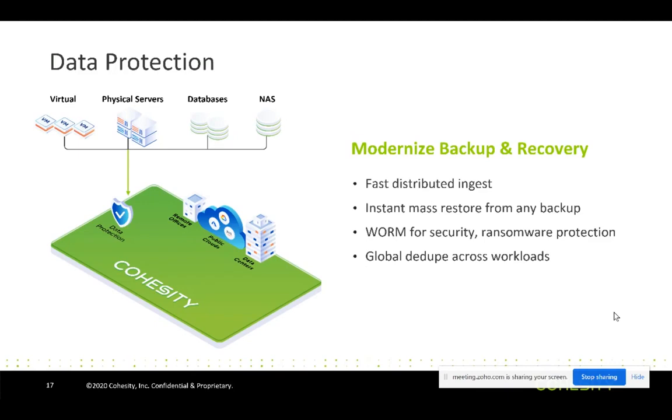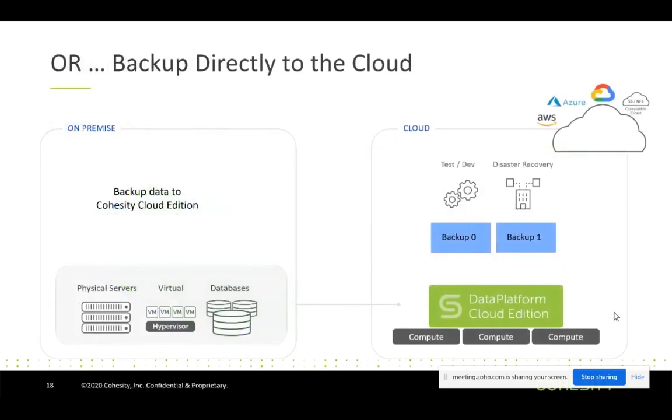This is the key thing here. The higher the domain you have for deduplication, usually the better the efficiency on the storage. So unlike other solutions where they do deduplication per backup job only, we do the deduplication across all the workloads within the platform.